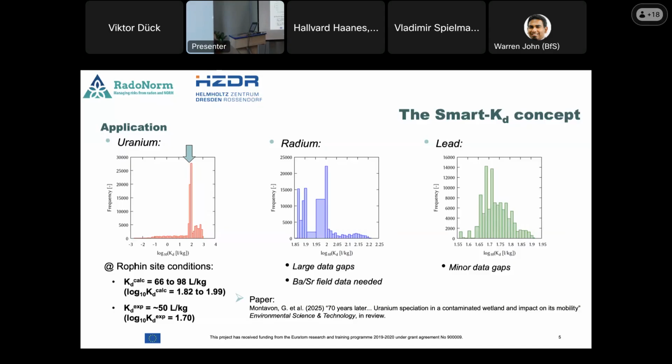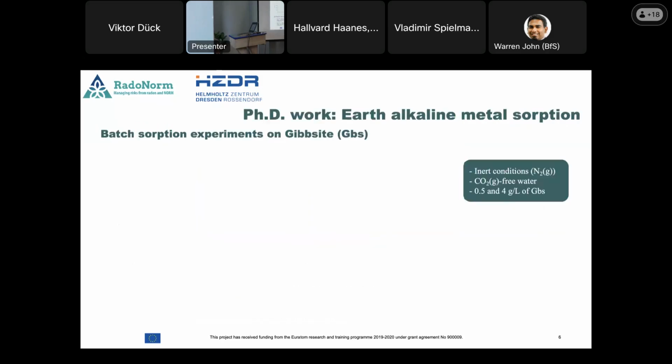Here, major data gaps in SEM data, as well as missing information on sorption and barium concentrations in the system to calculate radium-containing soil solutions, are sources of uncertainty. And here I want to show you some results of batch sorption studies of barium and strontium on gibbsite as chemical analogs for radium.